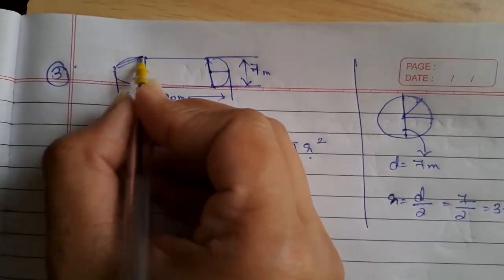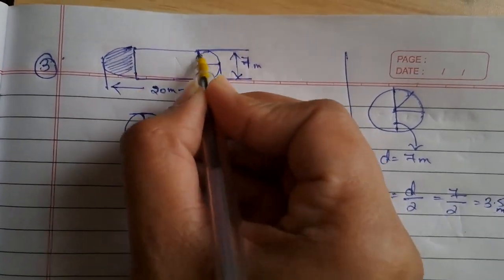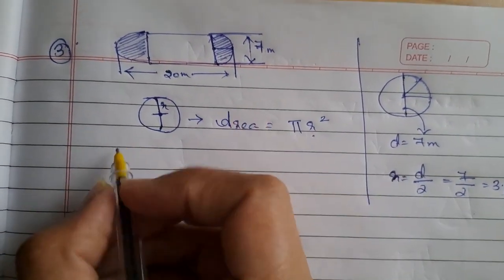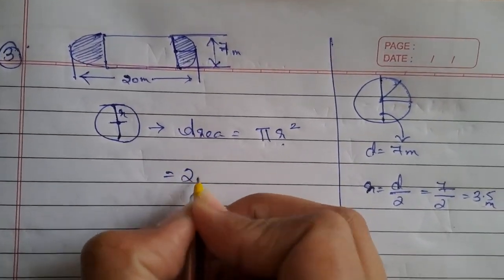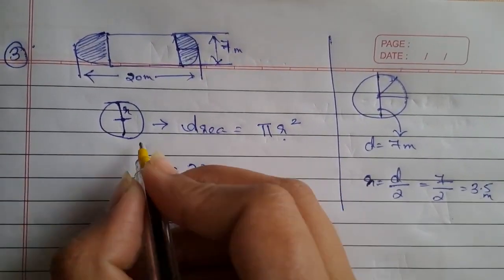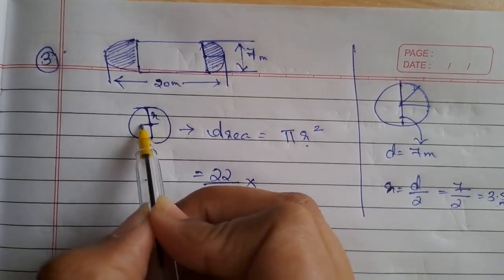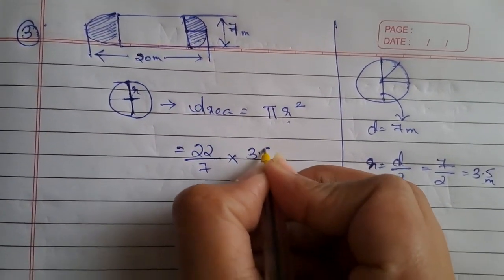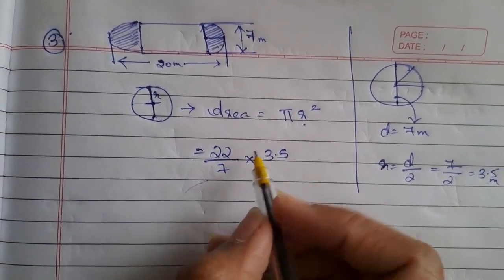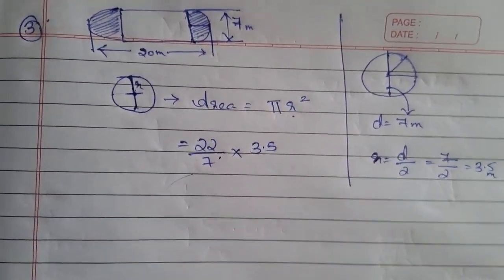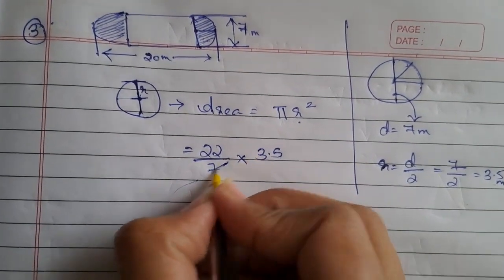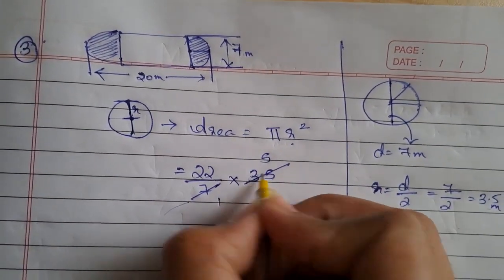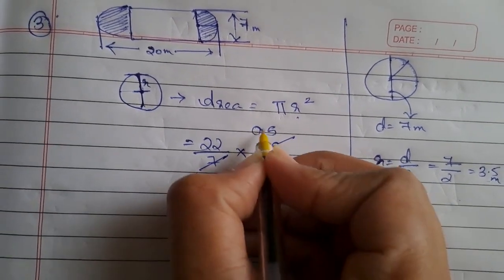So let's find the area of the circle first. The area of the circle is pi, which is 22 by 7, into r, which is half of 7, that is 3.5. If I take 7 five times it is 35, but I have a decimal, so that is 0.5 times.